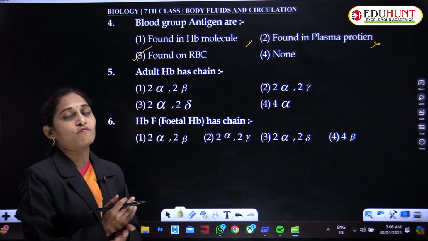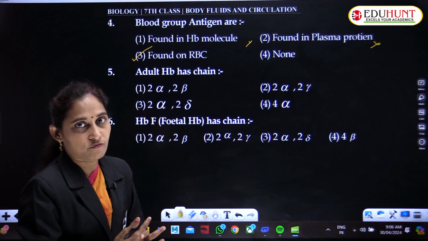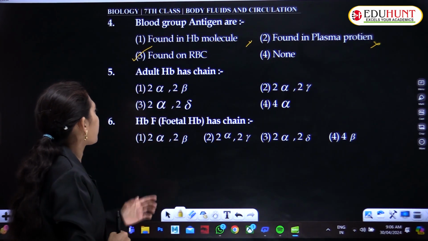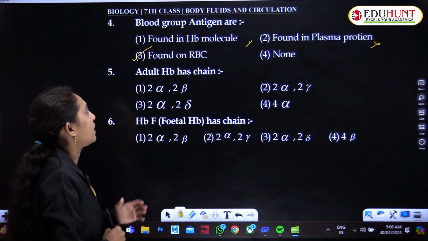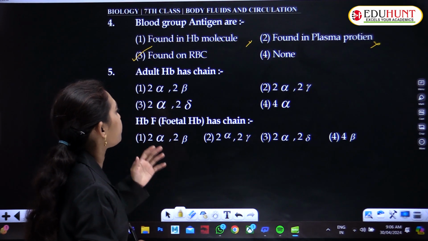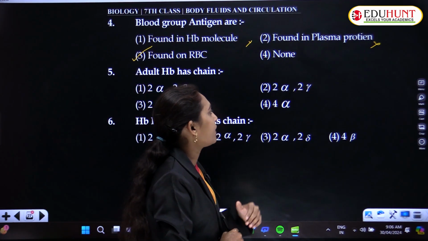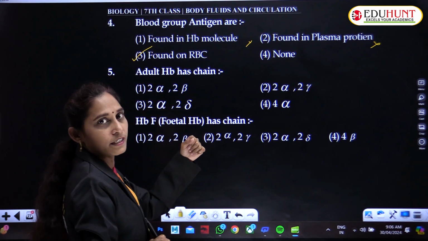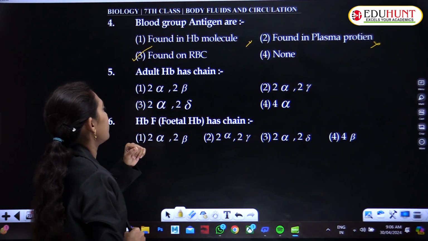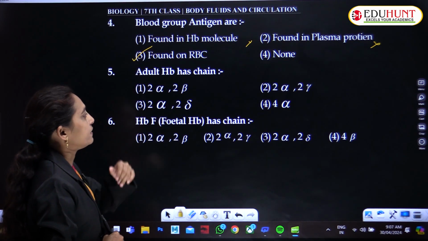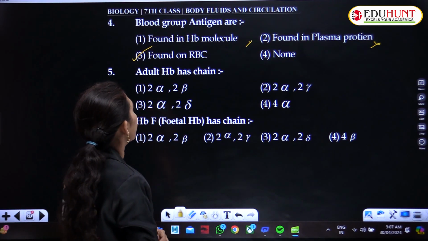Depending on the type of the second polypeptide chains, the hemoglobin type is decided. 2 alpha and 2 beta, this is adult hemoglobin. Alpha and gamma are present in fetal hemoglobin.